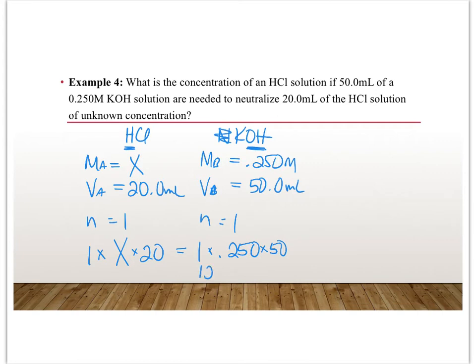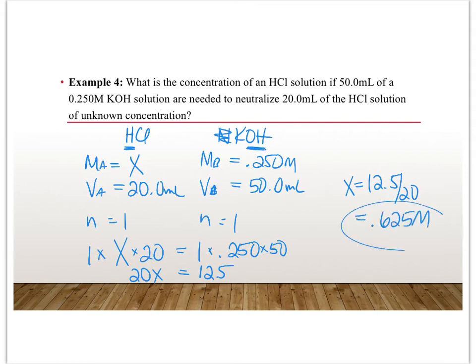So this is 12.5. So you should have had 0.625.